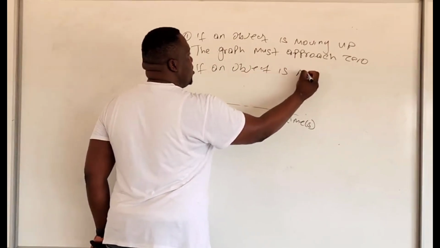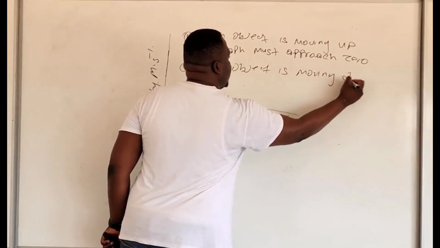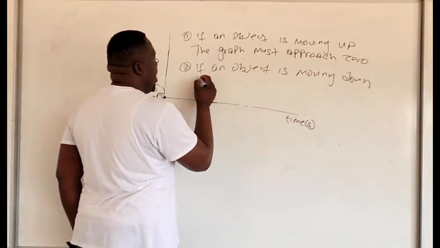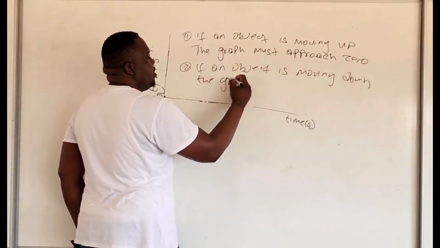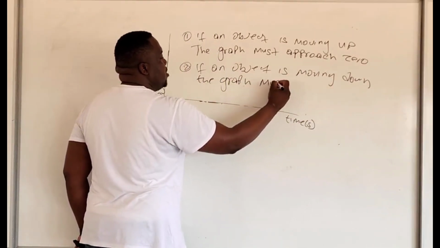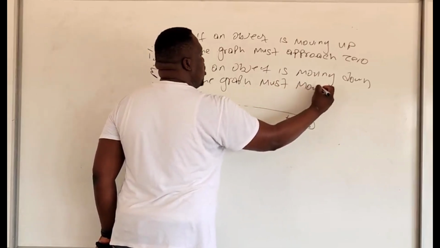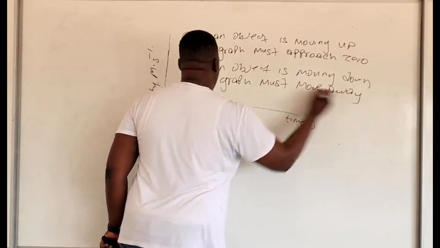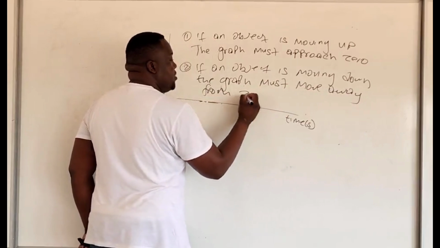Number 2, if an object is moving down, the graph must move away from 0.